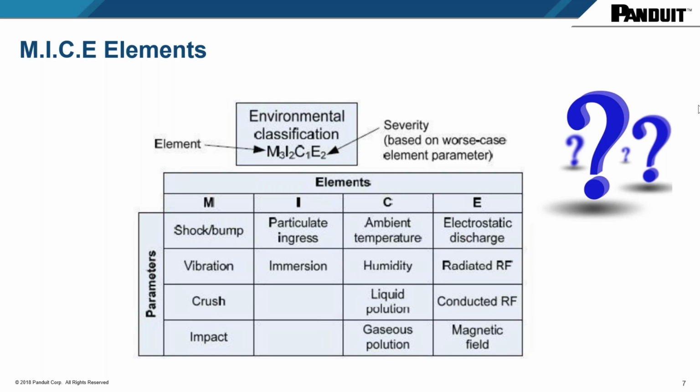And the last element in this table is the electromagnetics. Electromagnetics are elements in the environment we have to worry about from power systems. Every single power system in a factory emits a lot of electromagnetics. How do you know?